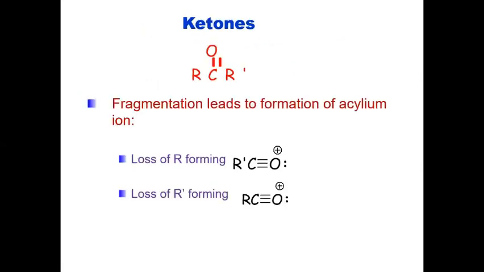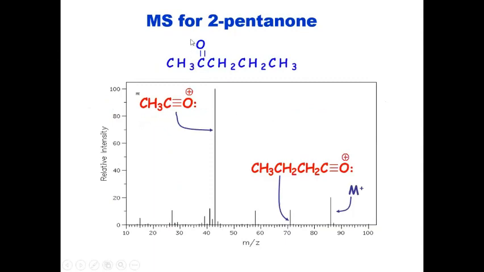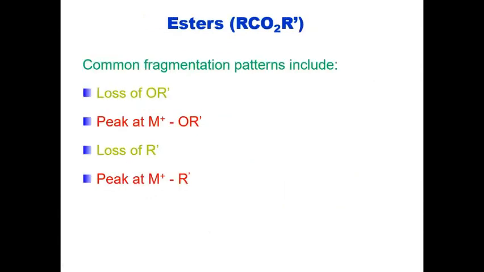Then another example is a ketone. Again, there is a loss of an R group or R' group, as we saw in ethers, and there is again formation of an ethylene ion. Suppose we analyze 2-pentanone in mass spectrometry, we will see the removal of an ethylene ion from the sample, and we will get a peak that we see in the mass spectrum.